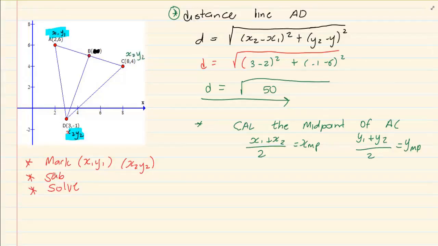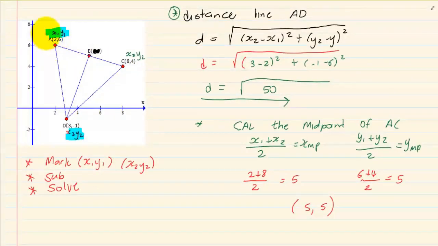Then we're going to substitute. So I'm going to have 2 plus 8 divided by 2, which is equal to 5. And I'm going to have 6 plus 4 divided by 2, which is equal to 5. So our midpoint is 5, 5. Right. You would notice that from one drawing we can do many concepts of analytical.